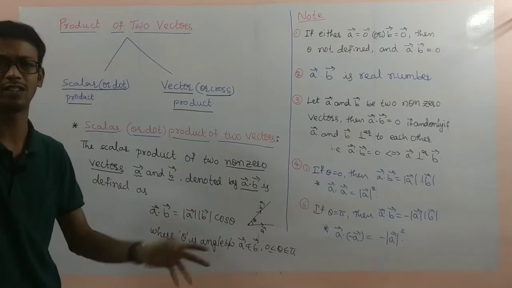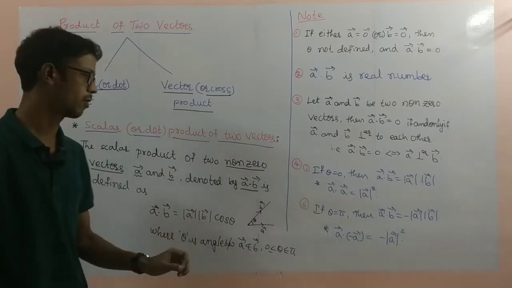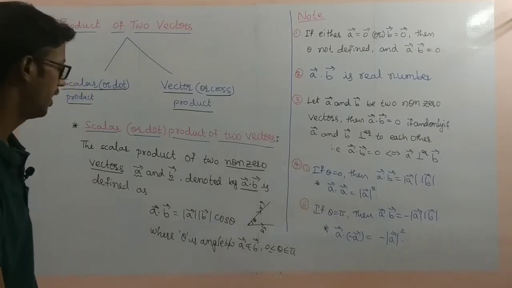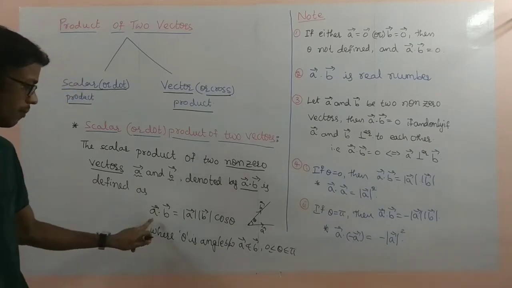Dot means just dot product. Otherwise, the scalar product is defined as A bar dot B bar.